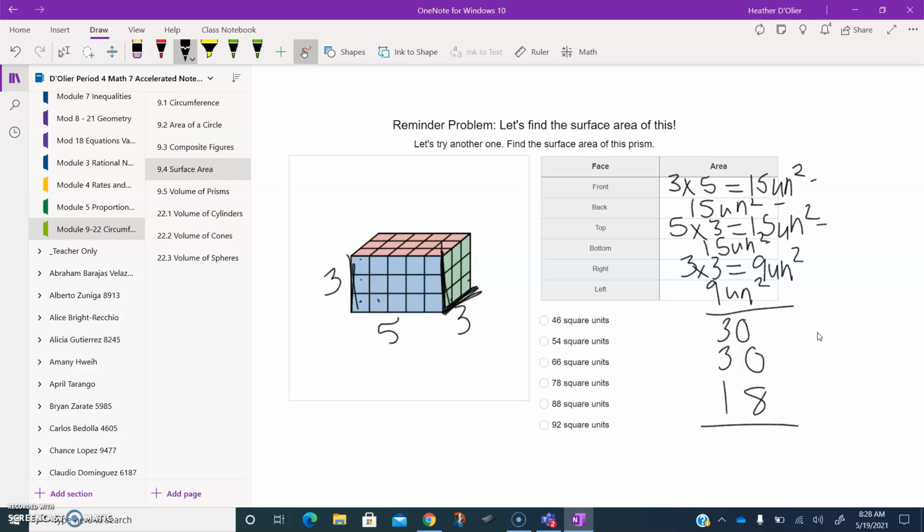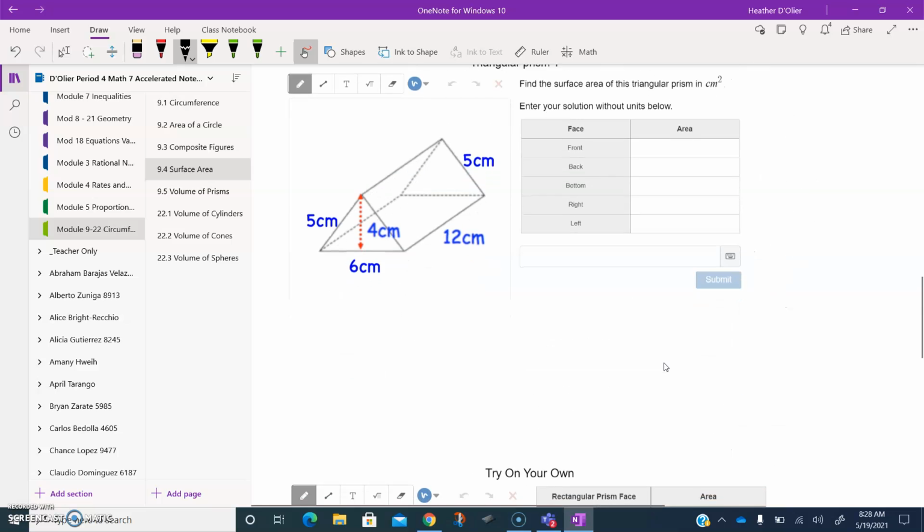So 0 plus 0 plus 8. 3 plus 3 is 6. 6 plus 1 is 7. So that's 78 square units. Same thing as units squared, we just tend to freehand it like this, but for words we usually will say square units. So that's a rectangular prism.